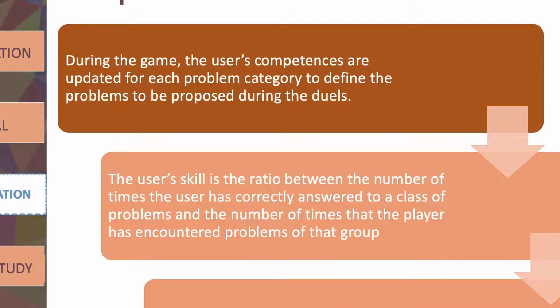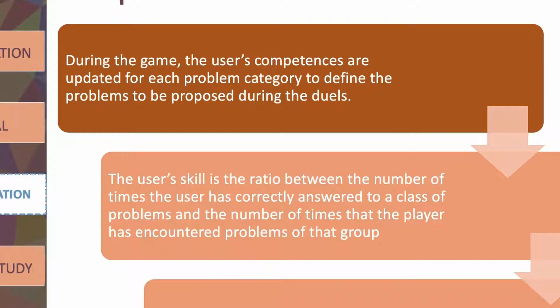The user skill is the ratio between the number of times that the user has correctly answered a class of problems, the category of problems that I mentioned before, and the number of times that the player has encountered problems of that group. So what is the novelty? The novelty of this adaptation process is that the problems change not according to the levels in the game, but according to the skills acquired by the student during the game.